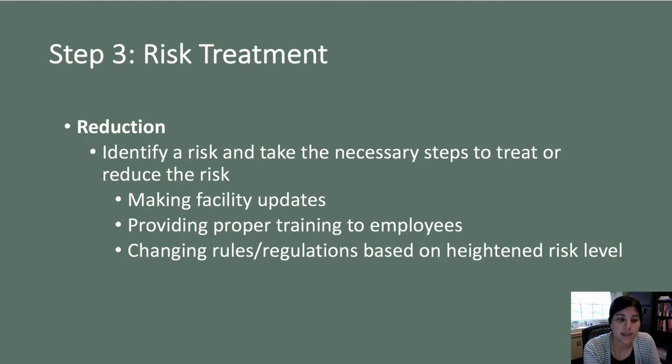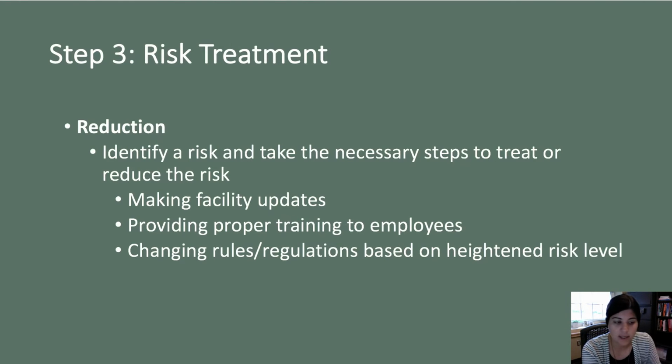So, making a facility update based on something that you've noticed is a risk to your patrons or members. Increasing training to your employees after you see that there are some issues in their ability to instruct or perform. Making rule changes based on a heightened risk level. A lot of the younger football leagues have done this, right?